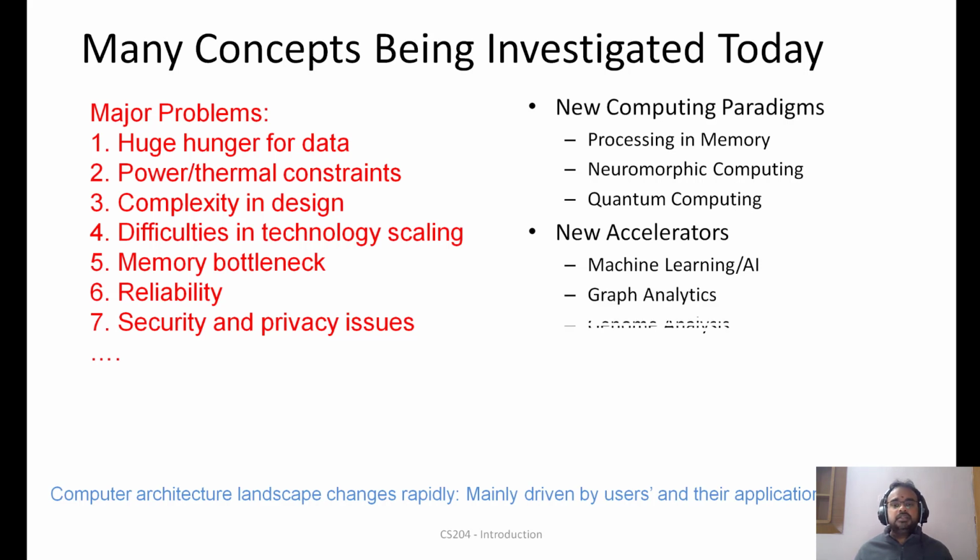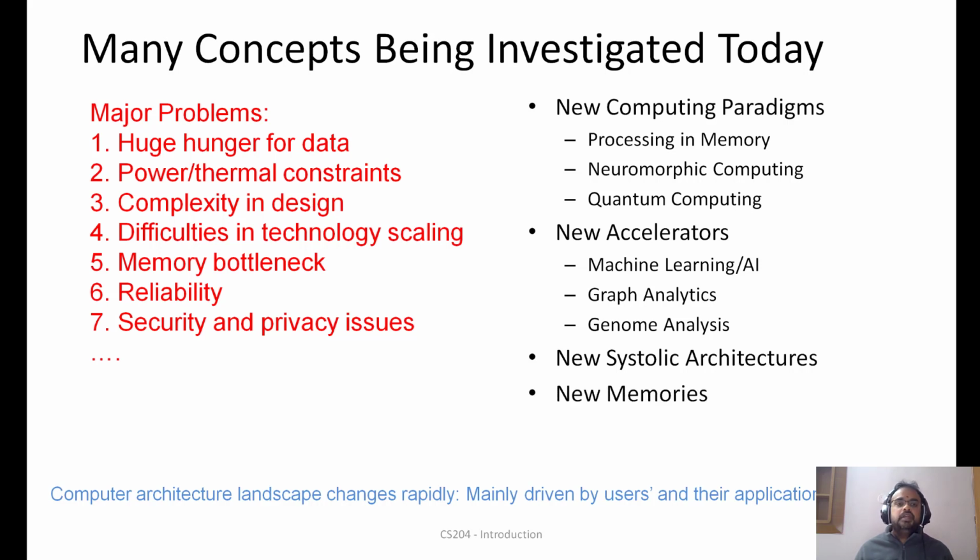Then we have graph analytics, then genome analysis. Following that, we have a few systolic architectures which are quite orthogonal to the traditional architectures. TPU is an example. Then we have a lot of new memories that are being explored today. And secure hardware is one of the hot topics. Now we do have many interesting things that come up, and there are many new challenges and opportunities. And what this course helps with is to understand the basics of such computing systems.